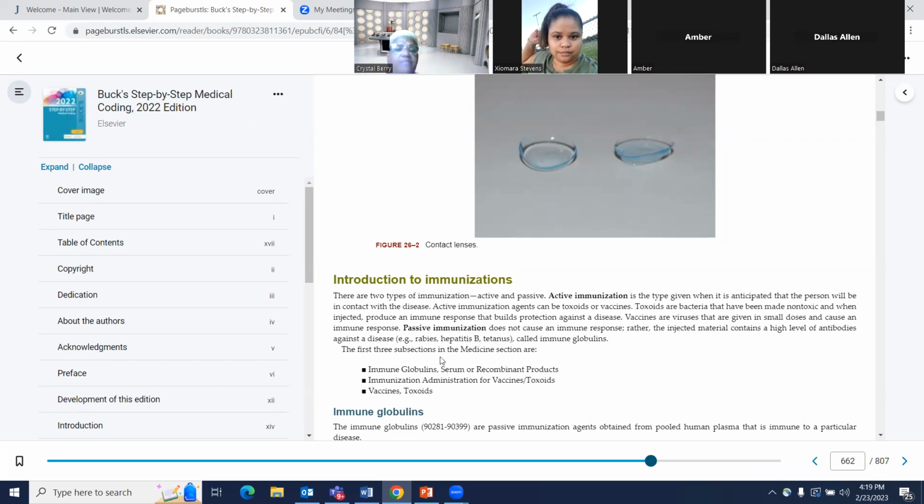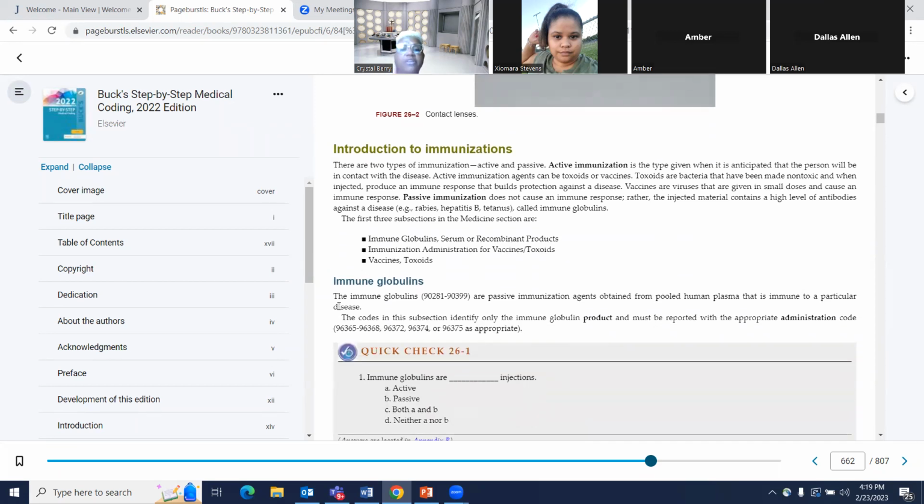The first three subsections in the medicine section are immune globulins, serum or recombinant products, immunization administration for vaccines and toxoids, and vaccines, toxoids. So it states here, immune globulins 90281 through 90399 are passive immunization agents obtained from pooled human plasma.